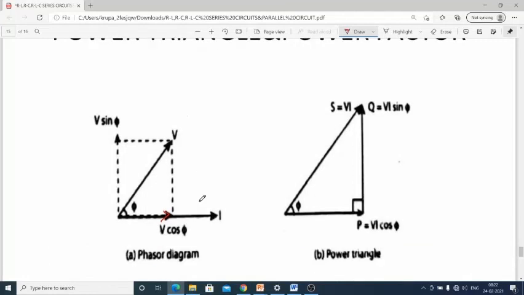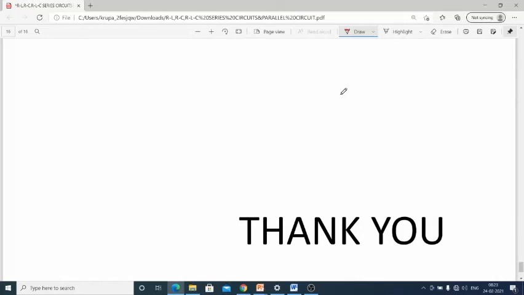This is the active power, this is the reactive power, this is the apparent power. Active power is V into I into cos phi, reactive power is V into I into sin phi, and apparent power is V into I, similar to the series networks. Okay. Thank you everyone.